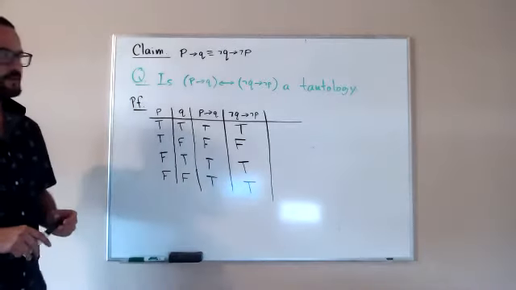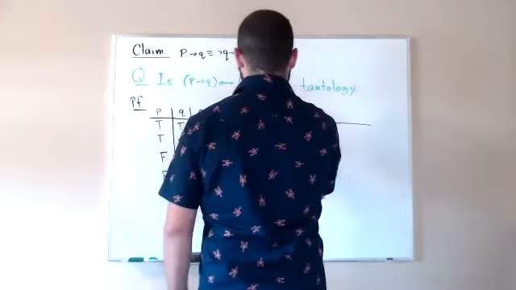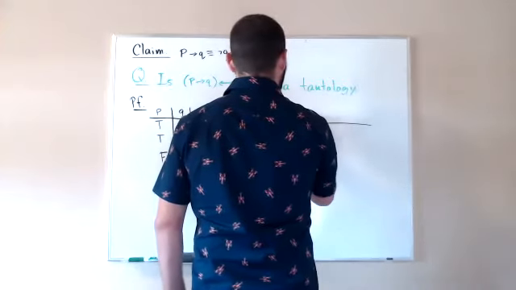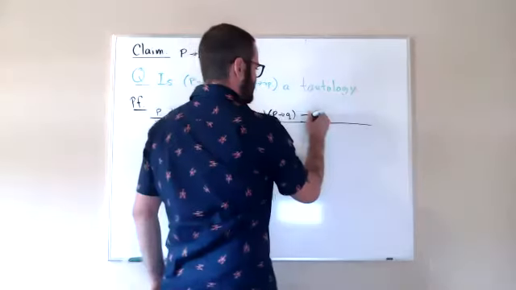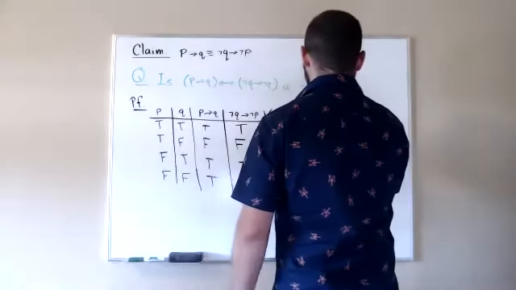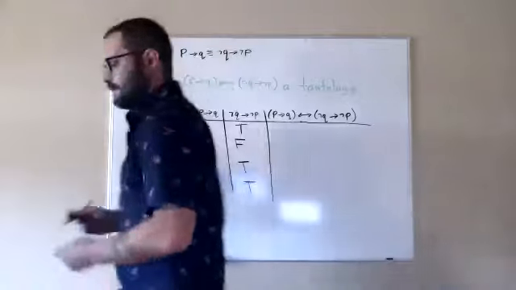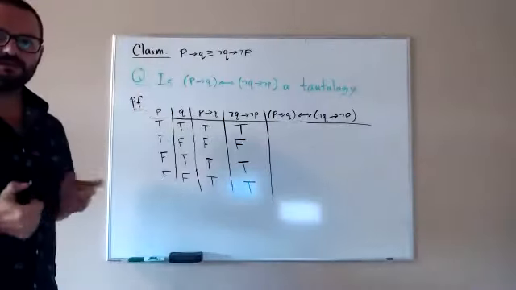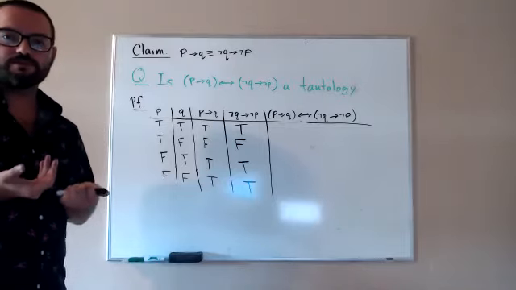Okay. Now, notice now, if we look at this biconditional here, remember the biconditional is true whenever the two propositions have the same truth value.